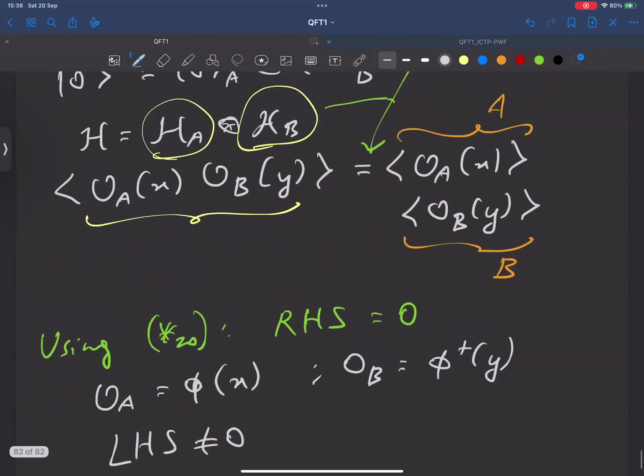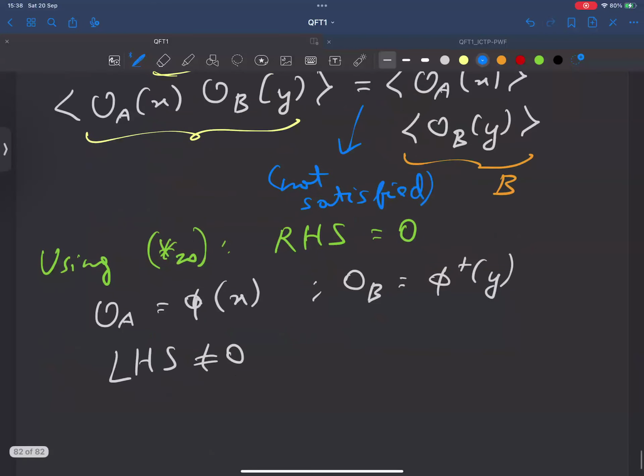That means this is not satisfied by our complex scalar field. When you choose O_A and O_B like this, and use the vanishing of the 1-point function of the vacuum expectation of phi, the right hand side goes to 0, but the left hand side is non-zero. So it means this is a contradiction.